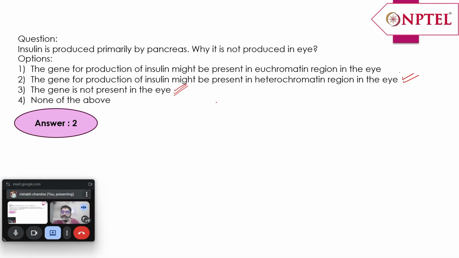Okay, so remember one thing. How many chromosomes do we have in humans? 22 autosomes plus XX or XY, that is the sex chromosomes.